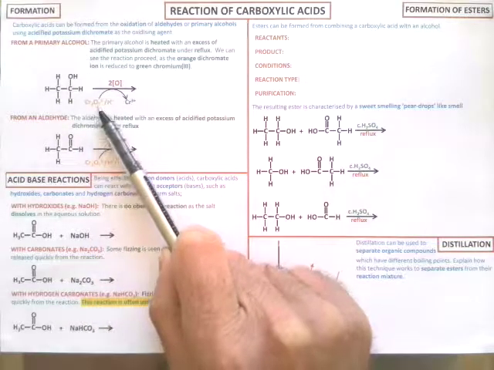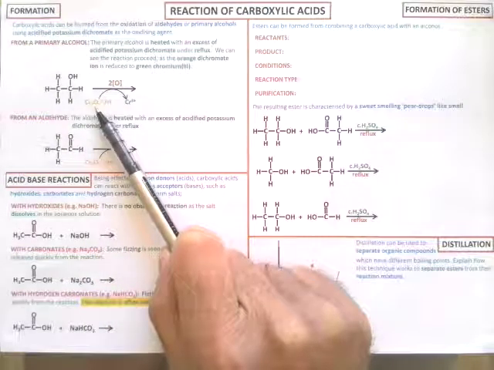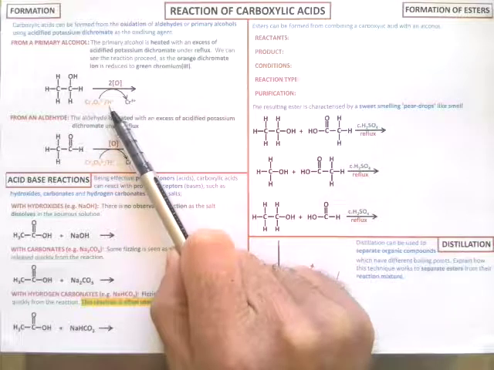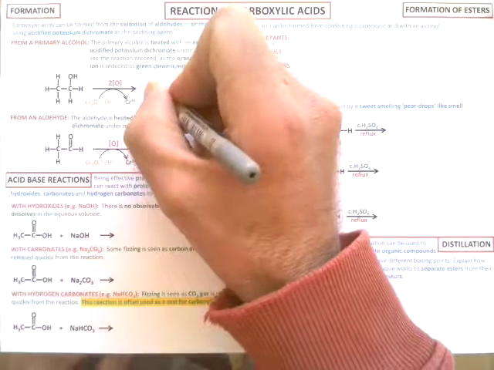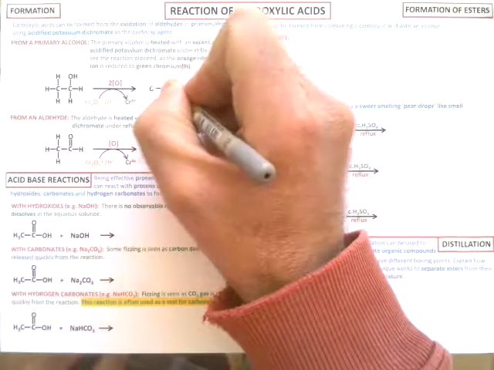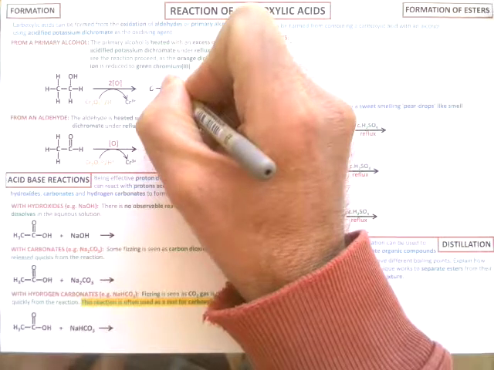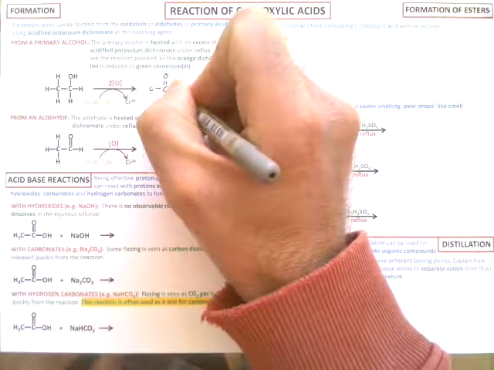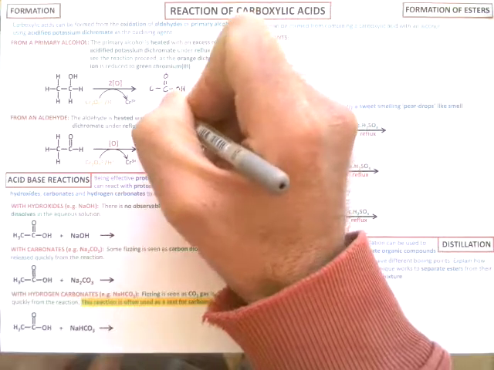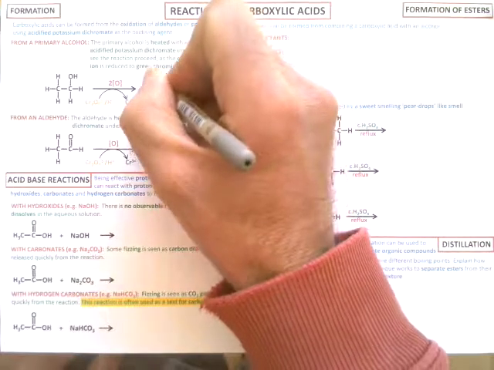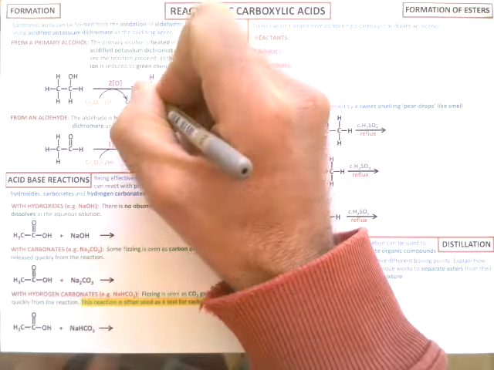And if you remember, we use acidified potassium dichromate, Cr2O7 2 minus, in acid, H+, and we will be able to oxidize that primary alcohol, ethanol in this case, to our carboxylic acid. And remember, carboxylic acid has that C double bond O OH grouping. And in this case, we're going to form ethanoic acid.